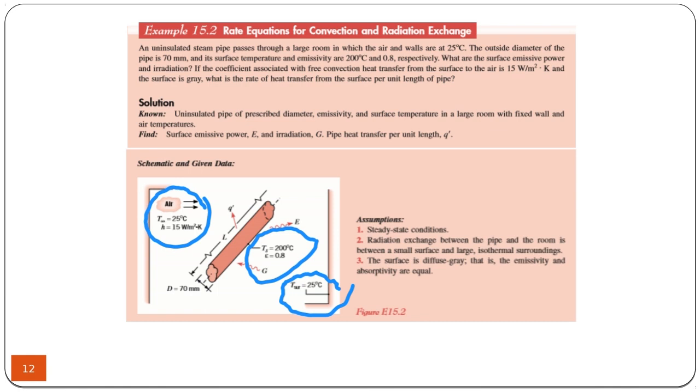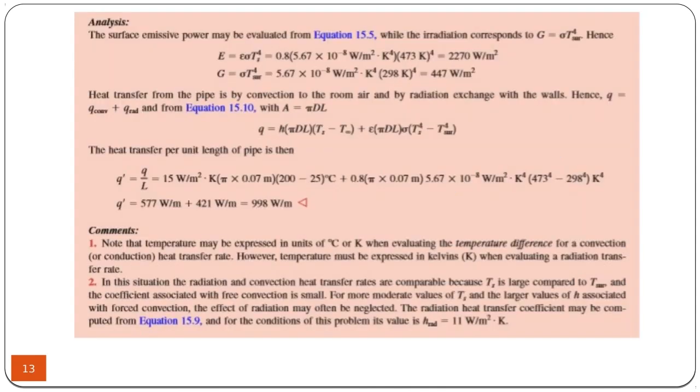Why are all these given to you? Because we would like to calculate radiation plus convection from the surface of the steam pipe. So the emitted energy from the surface of the pipe is the emissive power, epsilon times sigma times T surface to the fourth power.